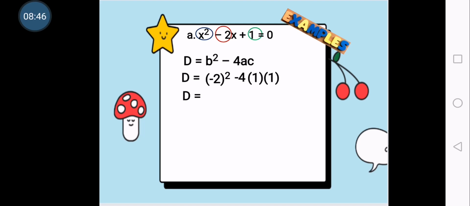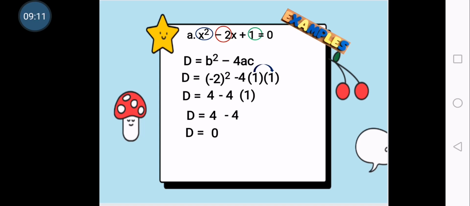Then, evaluate. Negative 2 times negative 2 is positive 4. Negative 4 times 1 times 1 is negative 4. So, at this point, 4 minus 4 is 0. Discriminant is equal to 0.